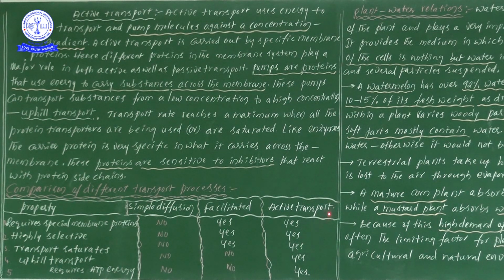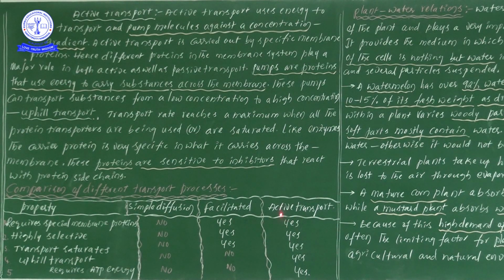Next one, active transport. The first three are yes: requires special membrane proteins, highly selective, transport saturation. And uphill movement is only suitable to active transport, that's why it is yes. Requires energy in the form of ATP is also only there in active transport, so here also yes.